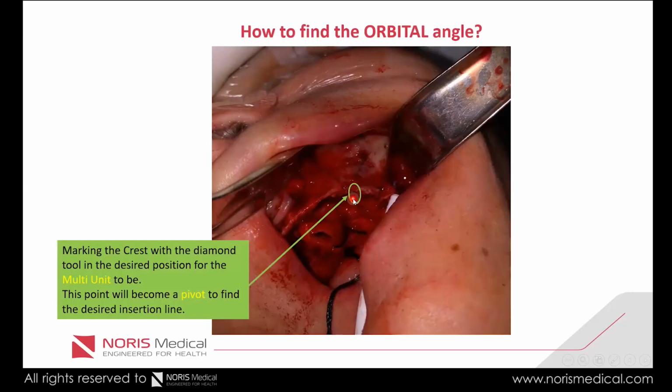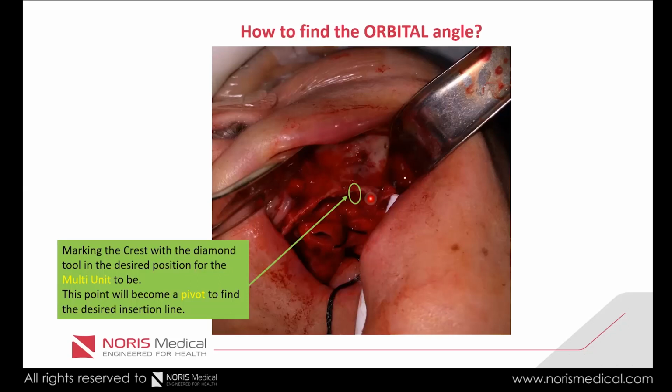What I'm presenting here is probably one of many ways to do it, but I know this way works, and I've been showing and seeing that for many cases. So it is a recommendation. Whatever you can find or do in order to find the orbital rim is fair enough.